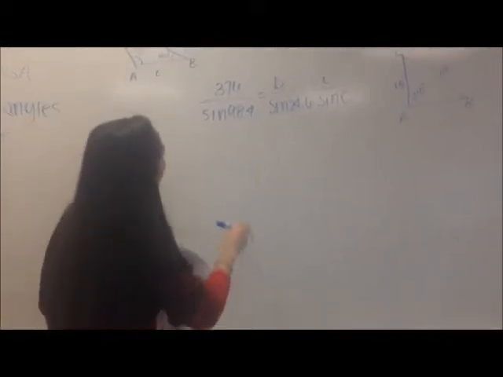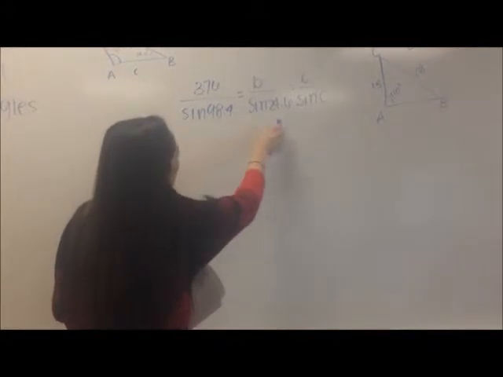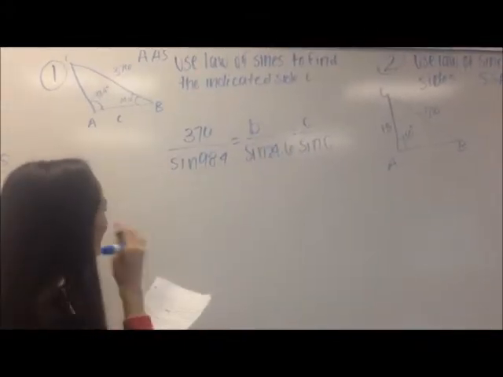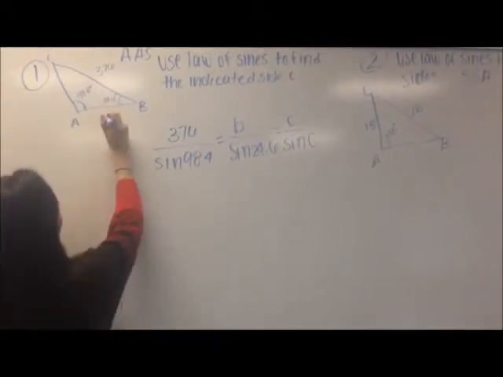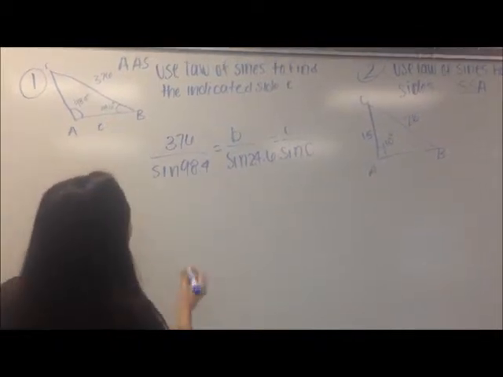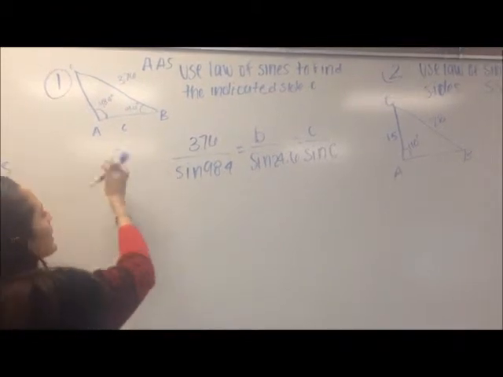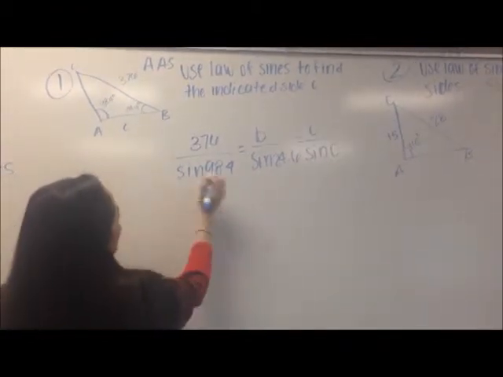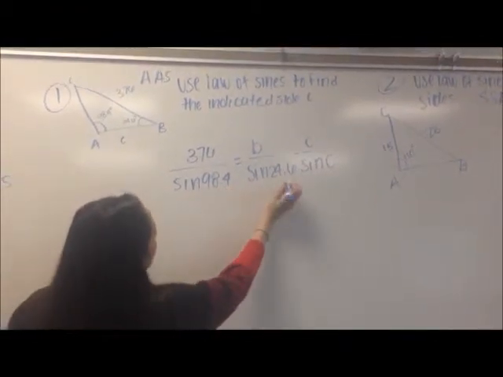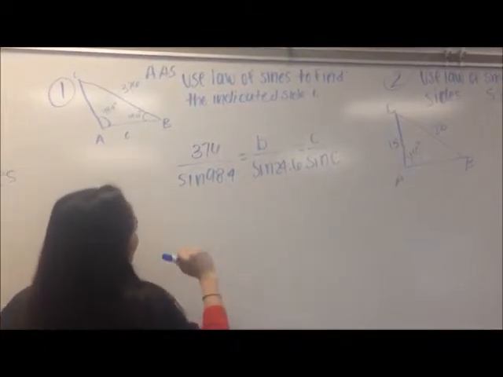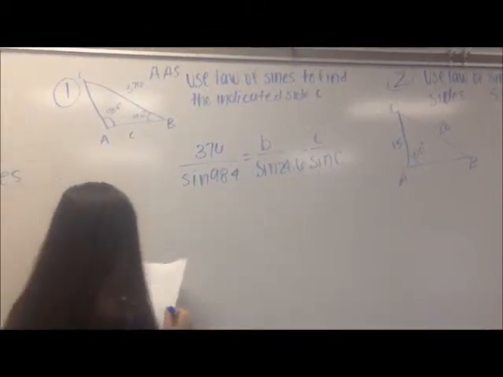So we had one full one, one partial one, and one empty one. The indicated side that we're looking for is c, and since we know two of the angles and we know a triangle adds up to 180, you're going to do 98.4 plus 24.6 and subtract that from 180, which is going to get you 57.